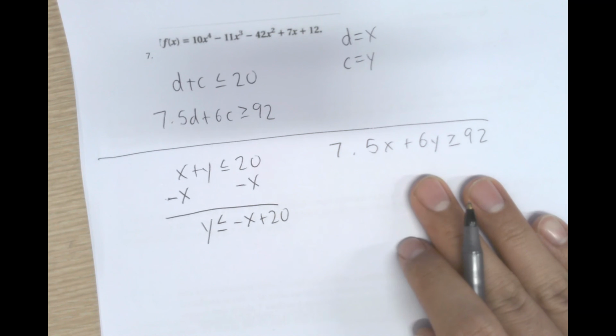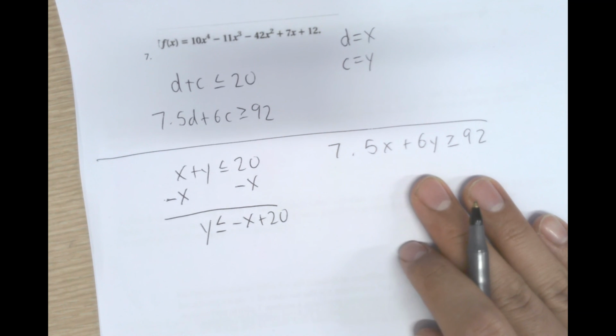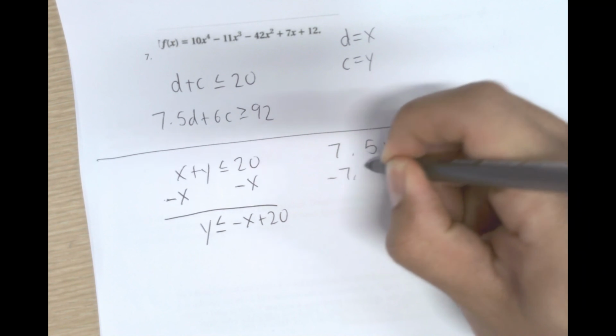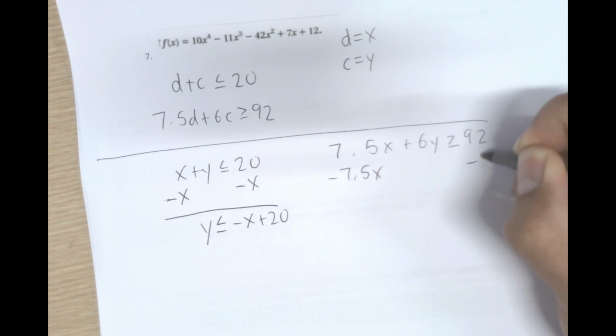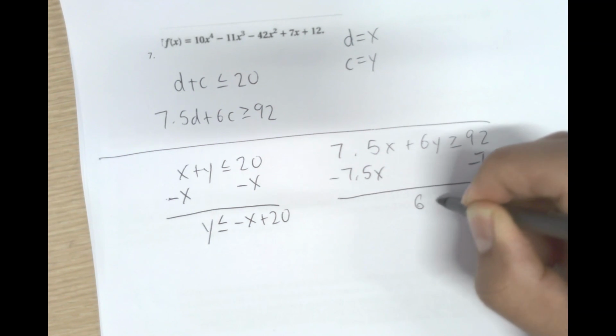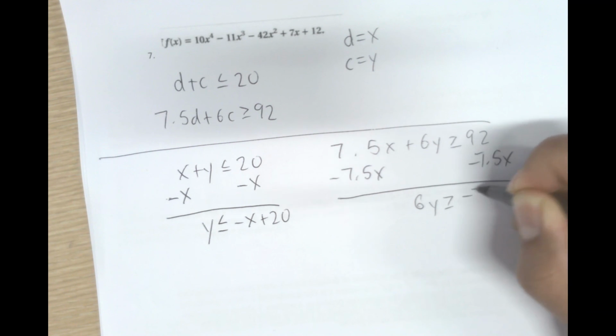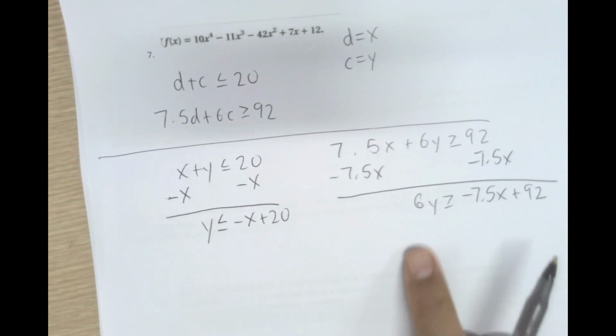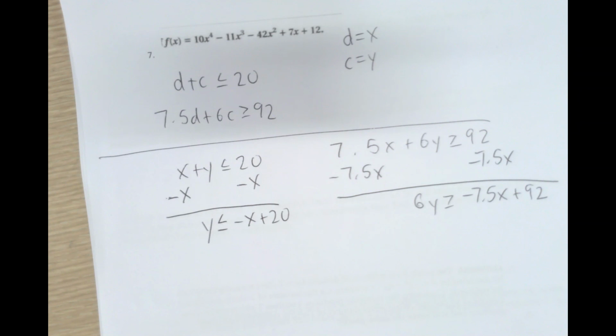The other one looks a lot more complicated here. So again, what I would do first is subtract 7.5x from both sides. I would get 6y is greater than or equal to negative 7.5x plus 92. Then you see that y is almost by itself, but there's a number in front of y right now.